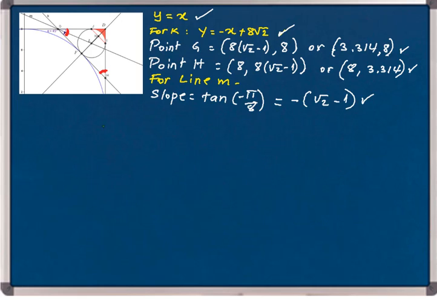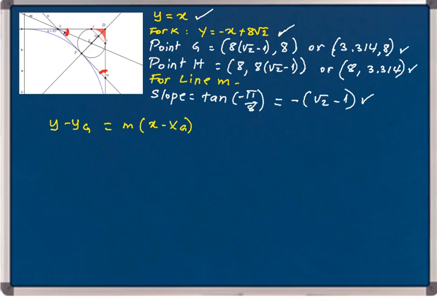Now we can use the general rule: y minus yg, this line passes through G also, is equal to m, the slope, times x minus xg. But here we know already the coordinates of point G, we noted it here, so we can just plug it in and we can find the equation of line M. Okay?